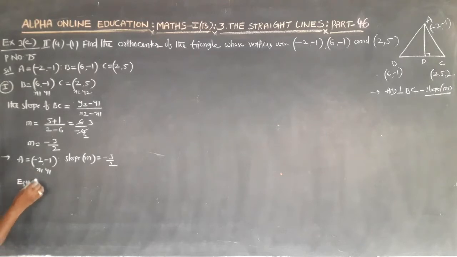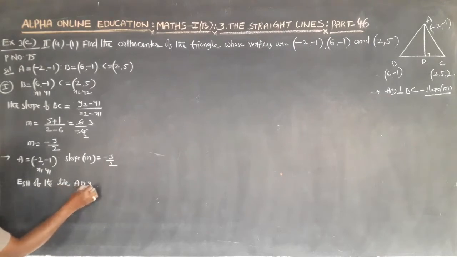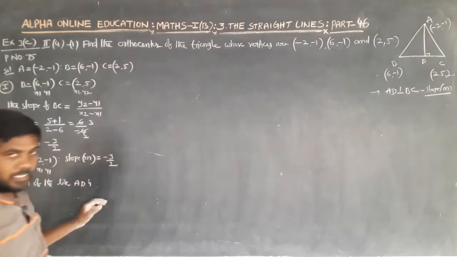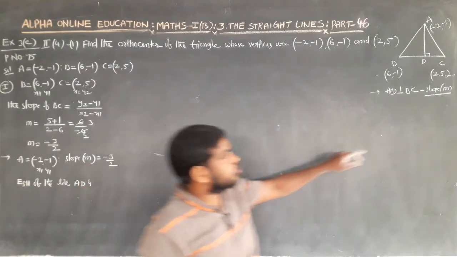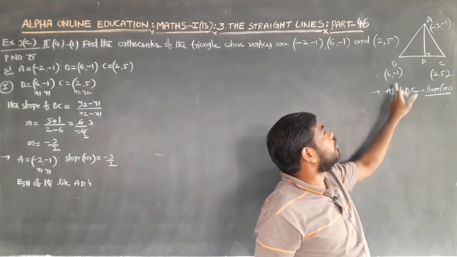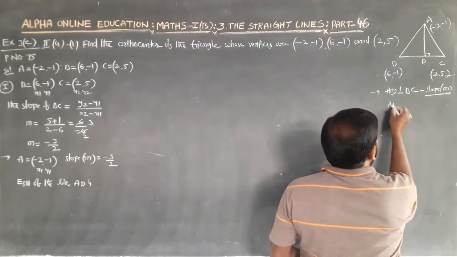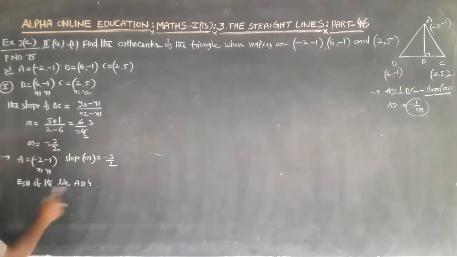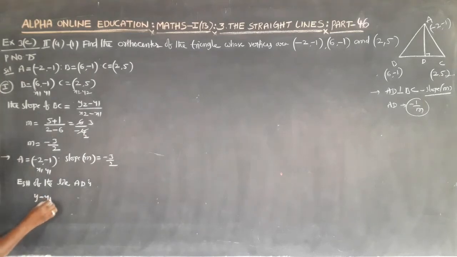The line AD is passing through point A x1 y1 and having slope minus 1 by M, where M is the slope of line BC. So the equation of AD is y minus y1 is equal to minus 1 by M into x minus x1.